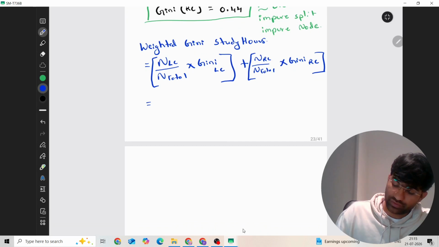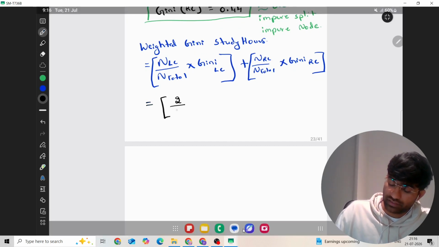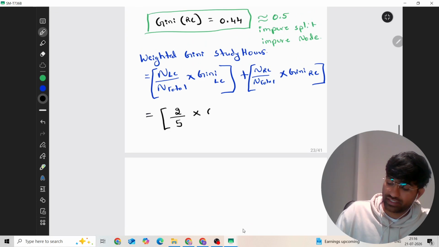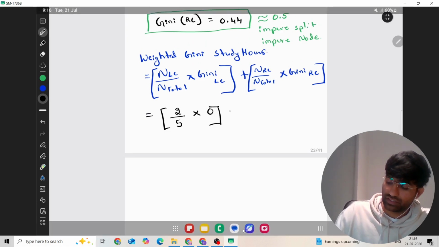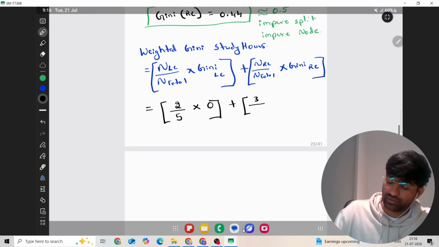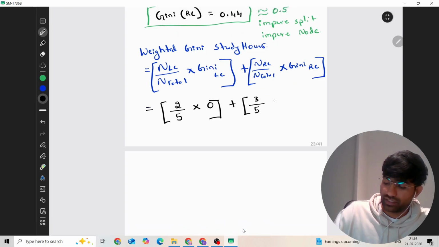If we substitute the values, we have 2 records in the left child. Total is 5 records in the study hours, into Gini impurity of left child is 0, plus we have 3 records in the right child divided by total records, that is 5, into Gini impurity of right child is 0.44.